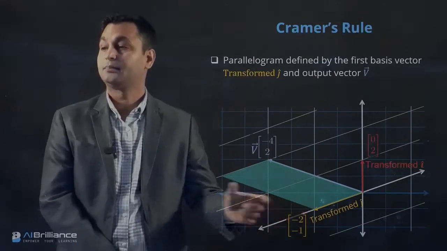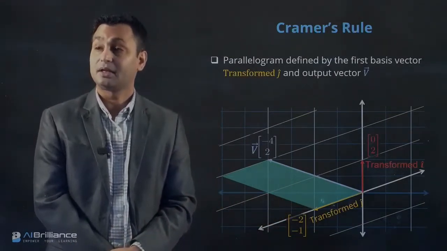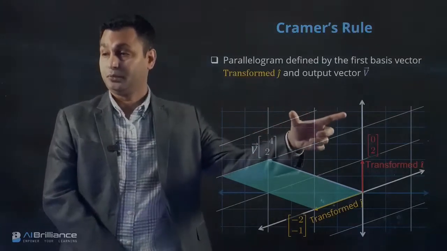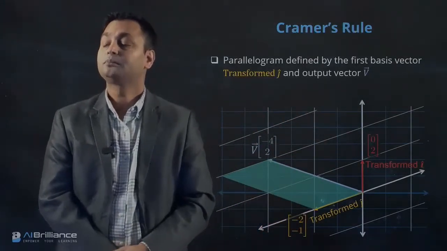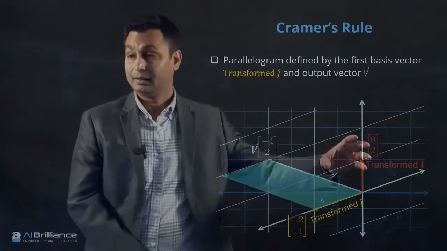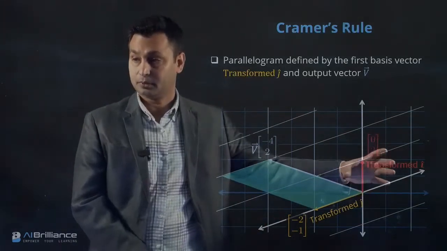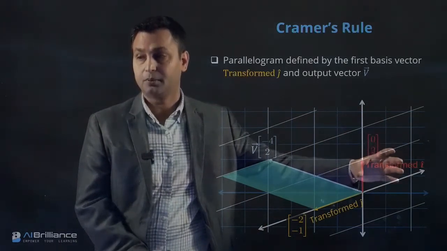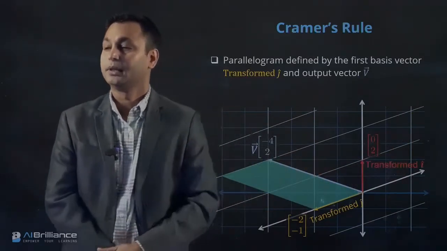So here is the parallelogram defined by the transformed J and the output vector. Before transformation the parallelogram was here, but after transformation the area has extended.